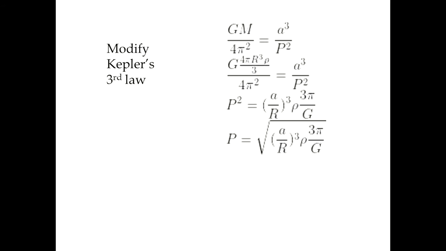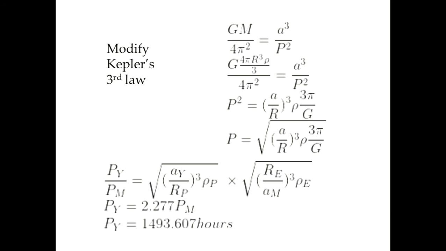We expand the expression for mass, which is 4 pi r cubed rho over 3, and we switch around the terms to get the period squared is equal to the distance between the two objects divided by the radius of the planet, cubed, multiplied by the density of the planet multiplied by 3 pi over G, and we just have to find the square root of it to find its period.